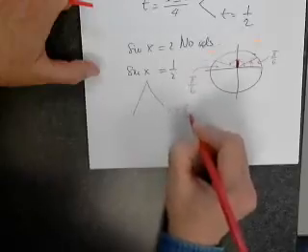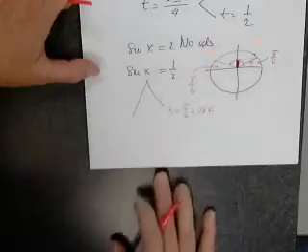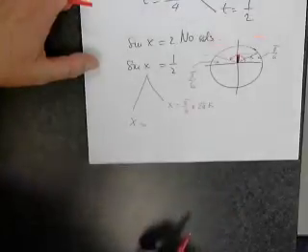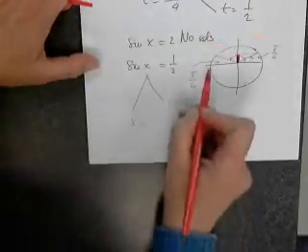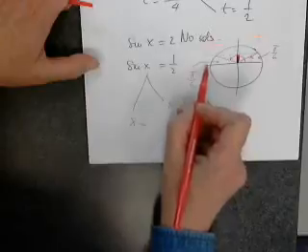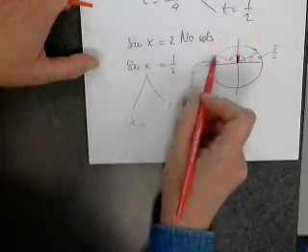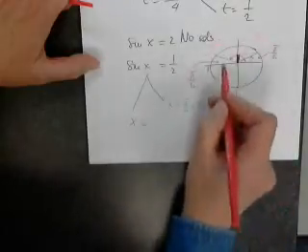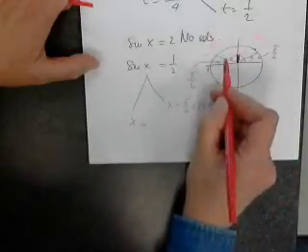X is pi over 6 plus 2 pi k. And x equals, yes, so I have pi minus pi over 6. Right? This is pi right here. But I have to go back pi over 6.